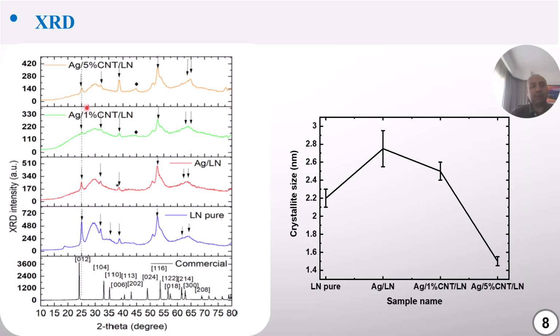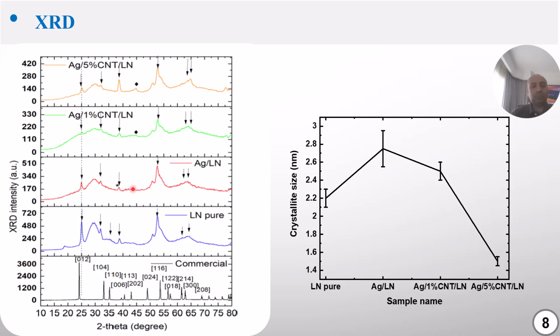To identify the crystal structure and the type of phase, we measured the XRD patterns for the four samples, and we also added a commercial sample. Why commercial? Because it is pure LN, and we need to compare with it. In most of the XRD patterns the LN phase was observed with a little shift. This is normal because the nanoparticles are small and there is also compressive stress, which can be responsible for this kind of distortion.